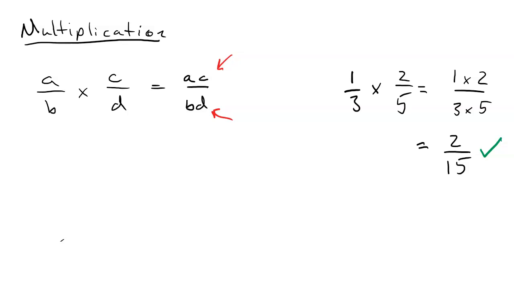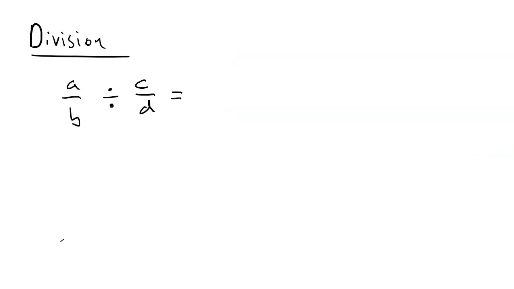Now let's talk about division. Here we have the same fractions, except we're going to be dividing. When you divide by fractions, you do something a little bit different. It might look a little complicated at first, but I promise you it's not as hard as it looks.